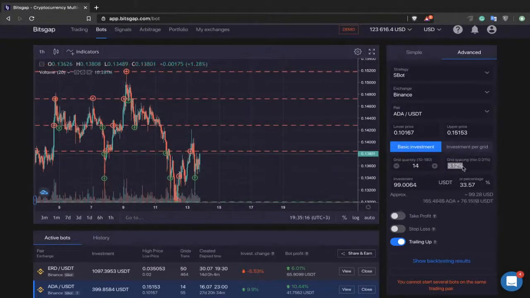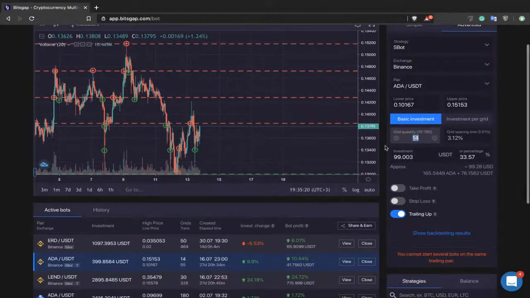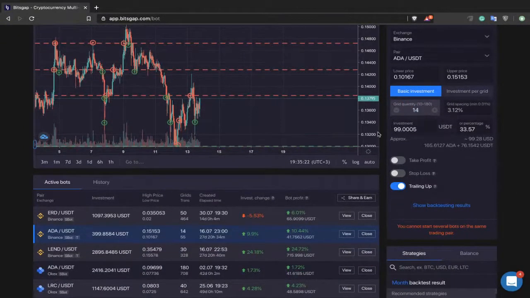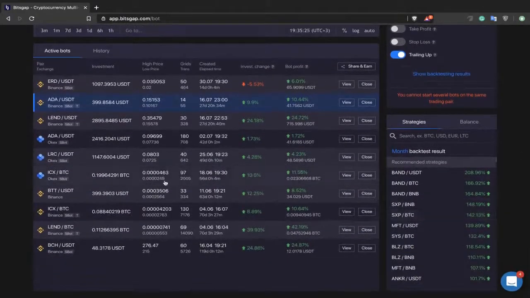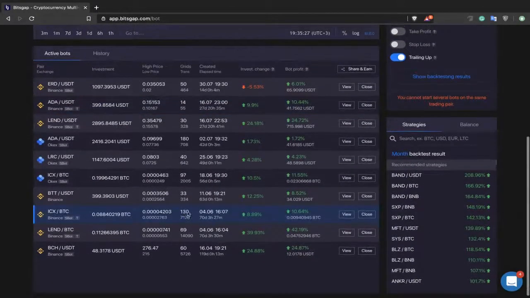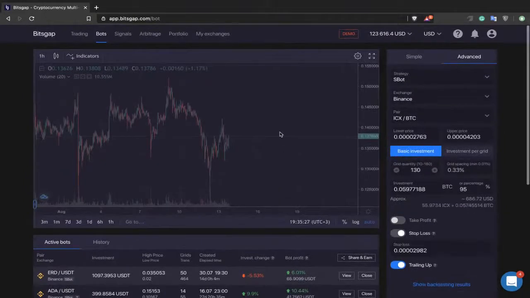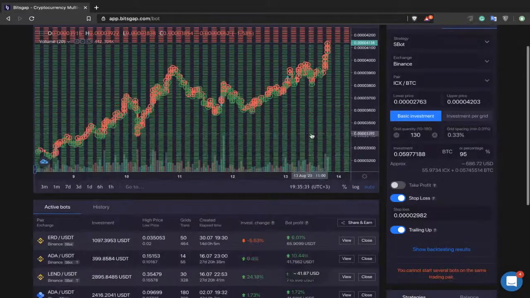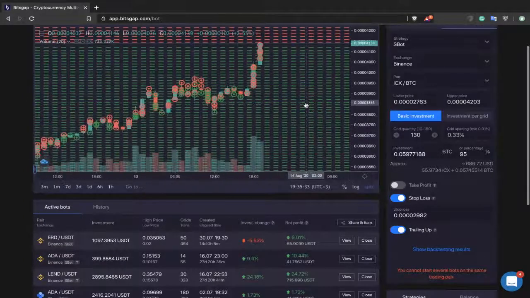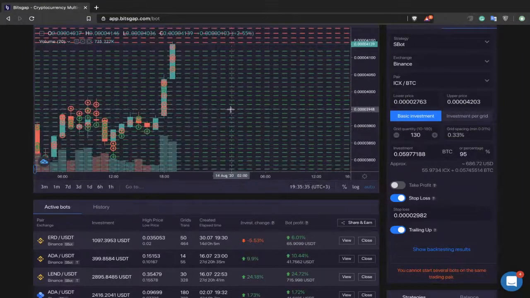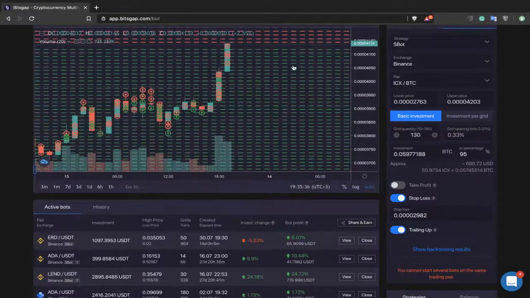Whereas when you have the grid spacing reduced, like over here, I have 130 grid levels. You see all of them are very tightly allocated to each other.